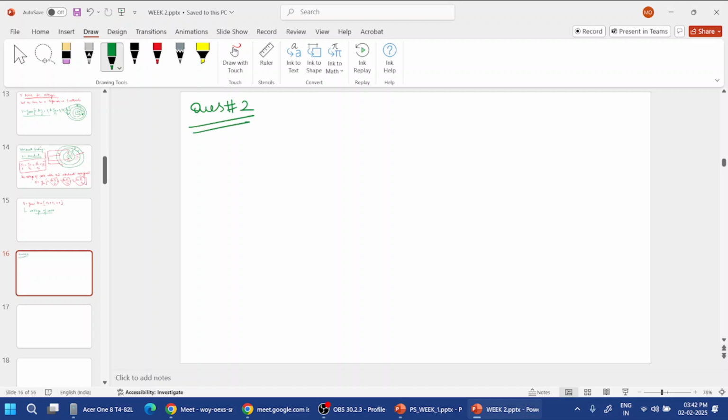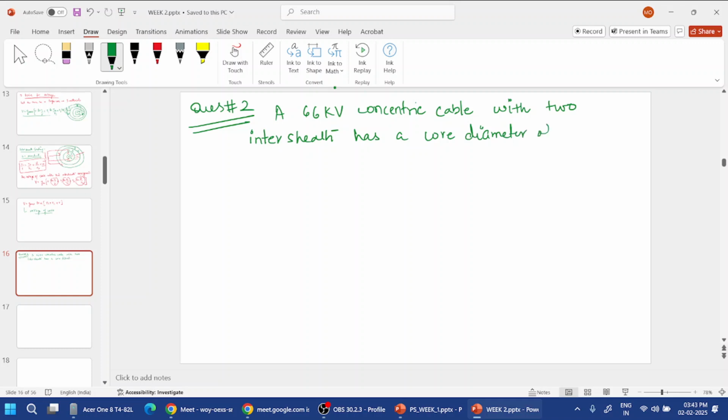A 66 kV concentric cable with two intersheaths has a core diameter of 1.8 centimeter.